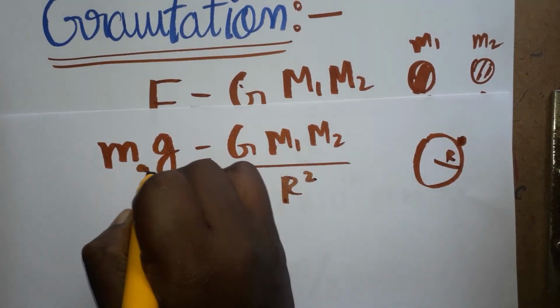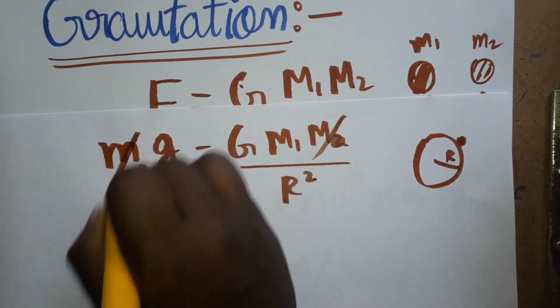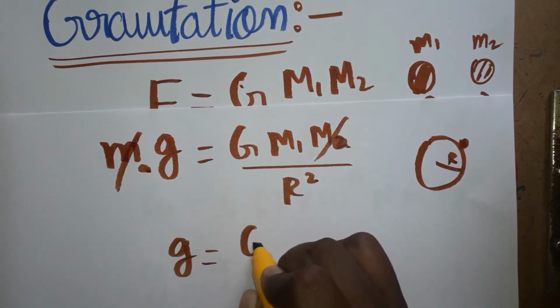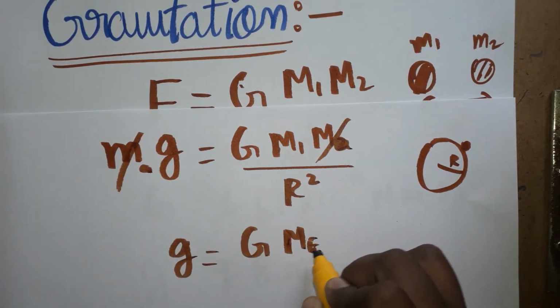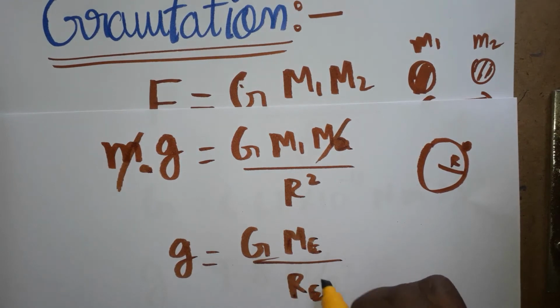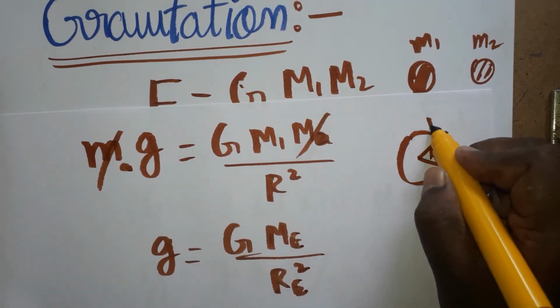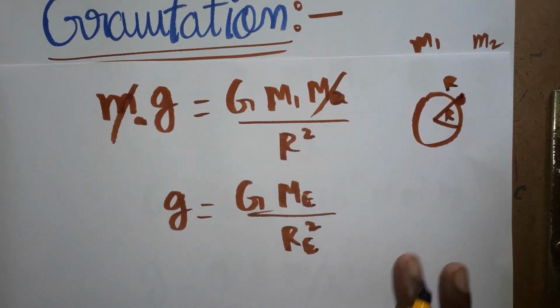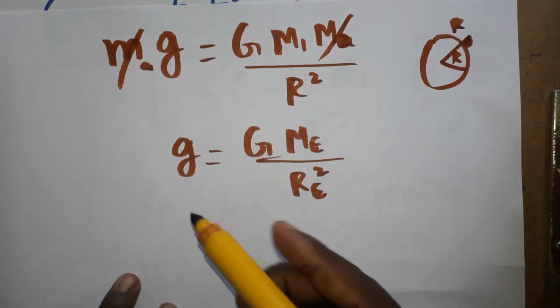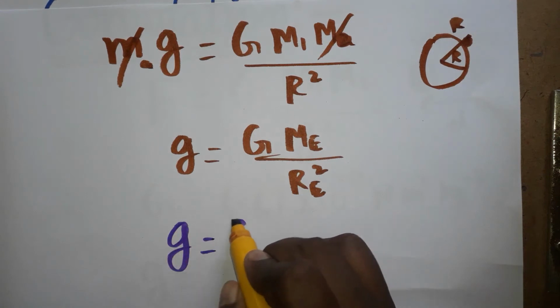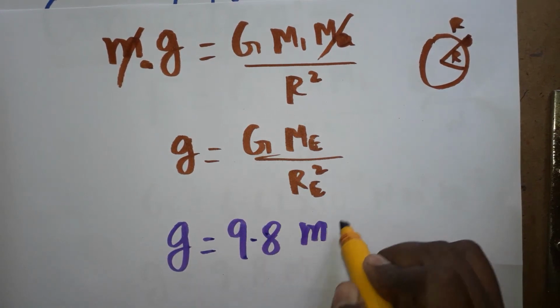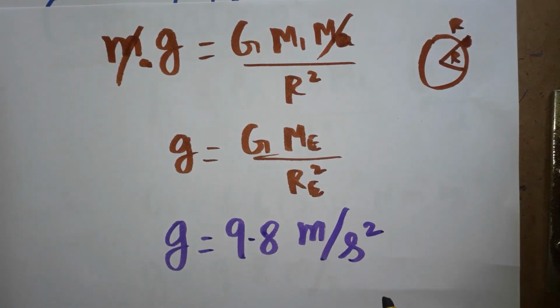The mass of the apple gets cancelled. So small g is equal to capital G times the mass of the earth divided by the radius of the earth square. The distance between these two is the radius only, the apple's radius I consider negligible. Using this formula we can find small g is equal to 9.8 meter per second square.